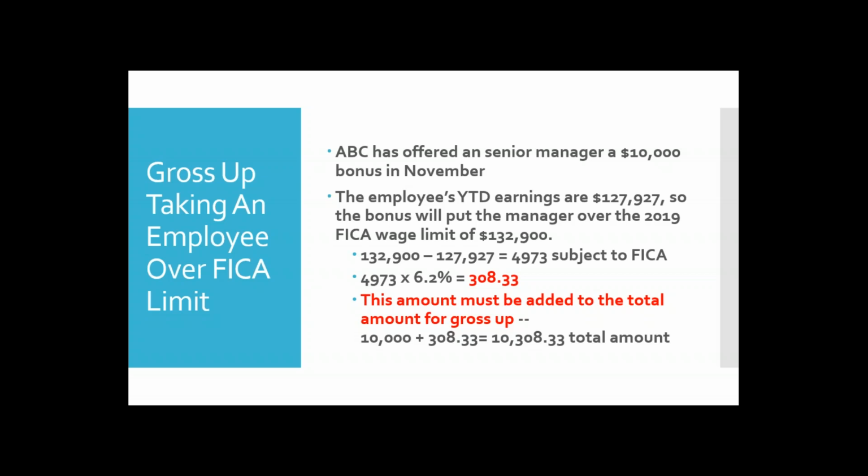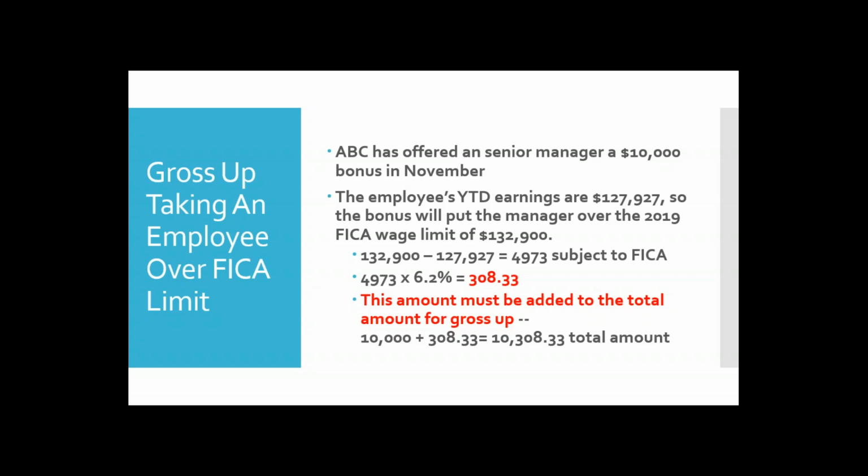And at the time the bonus check will be cut, the employee's FICA wage will be $127,927. So the $10,000 bonus is going to push this manager over the FICA wage limit. Your first task is to determine exactly how much of the bonus will be subject to FICA tax and how much is excess.